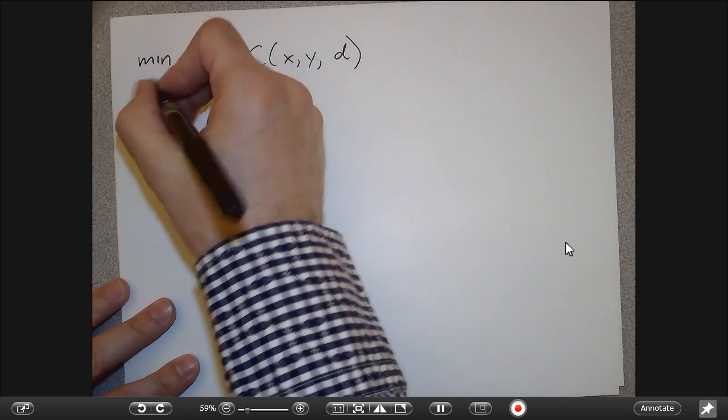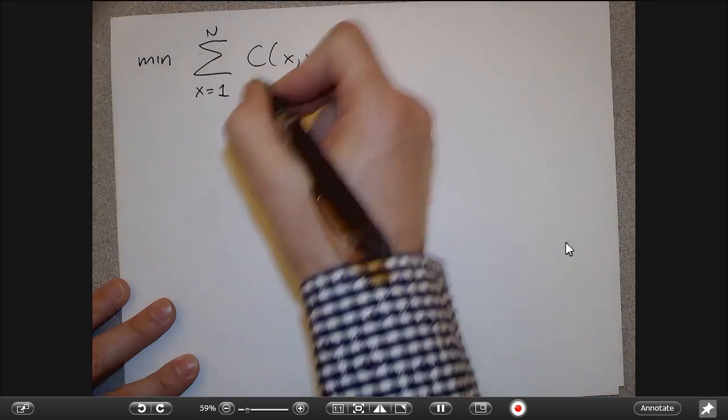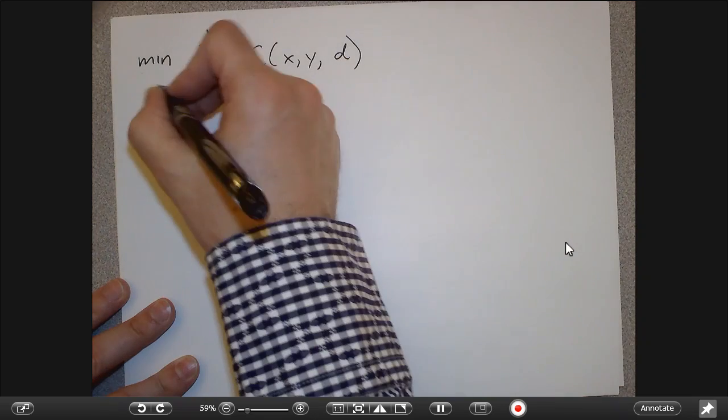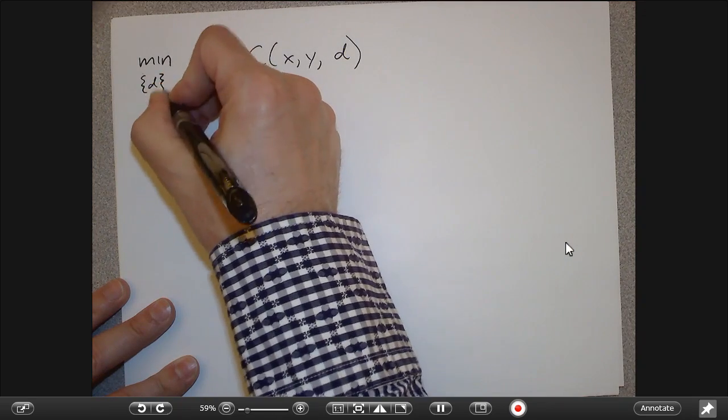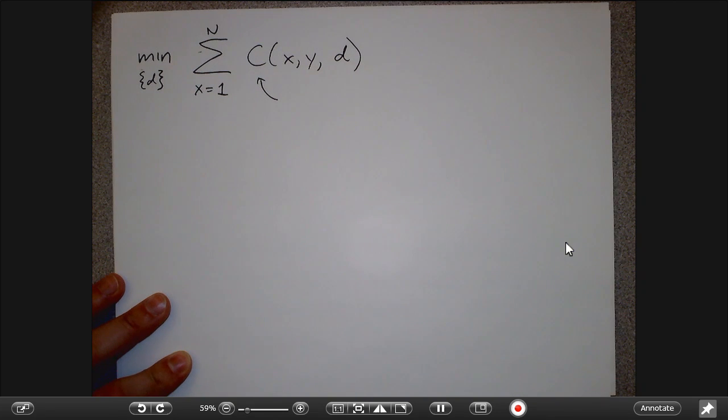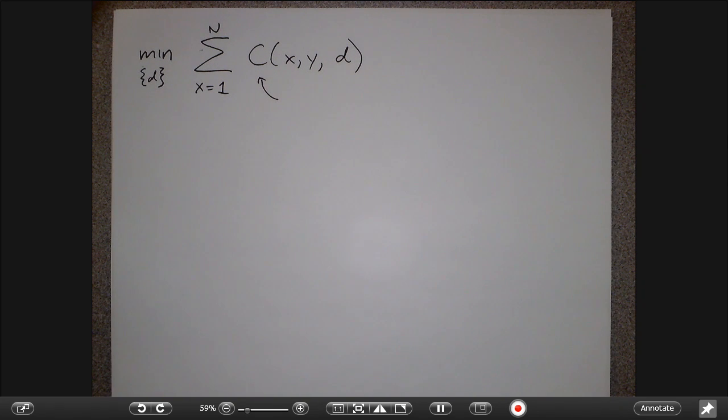So this is a minimization over the set of Ds. For this cost function, I could plug in whatever I want. I could plug in the sum of absolute distances. I could plug in the census transform. Basically, I have a cost function that tells me for every pixel how good the match is. And then I want to minimize the sum of all those costs all at once. And dynamic programming is a way to do that.